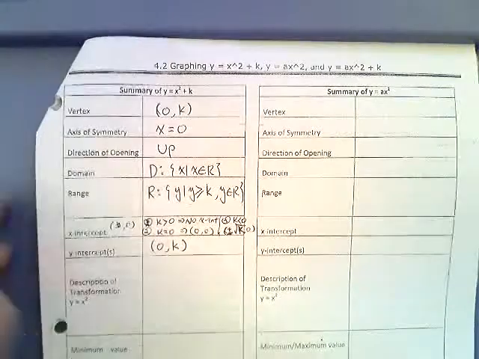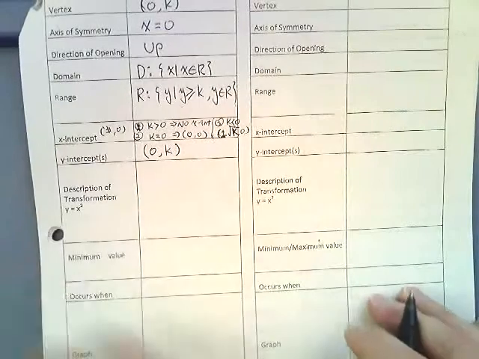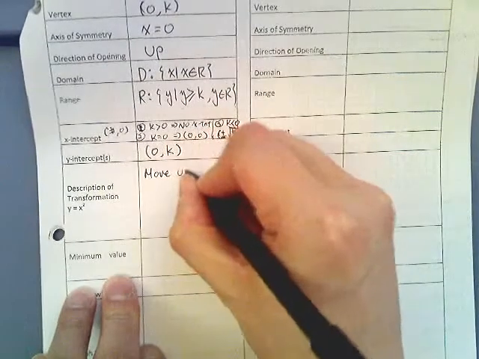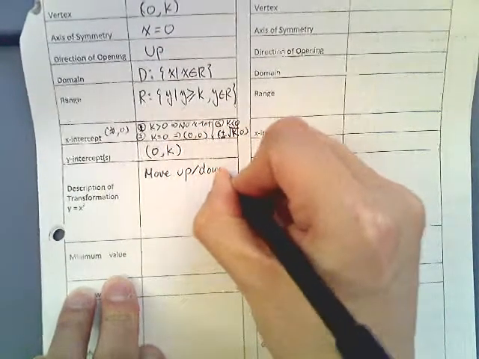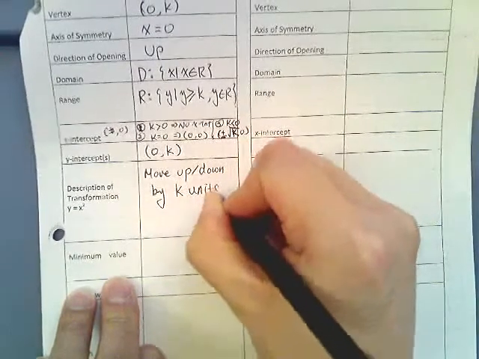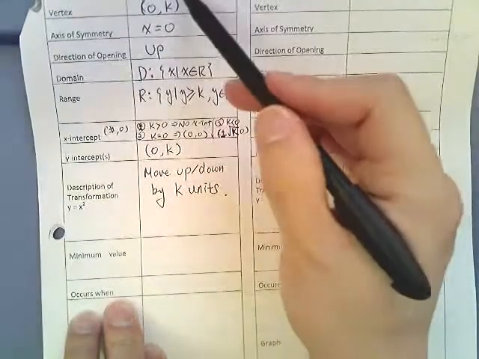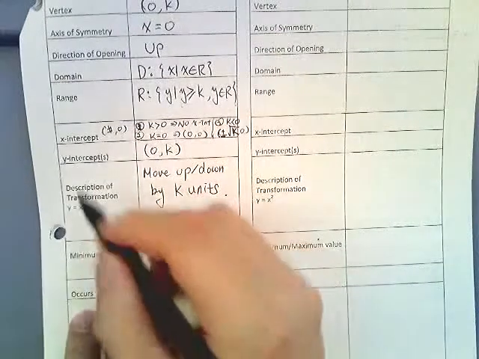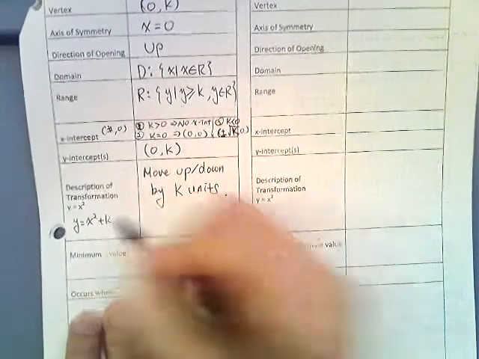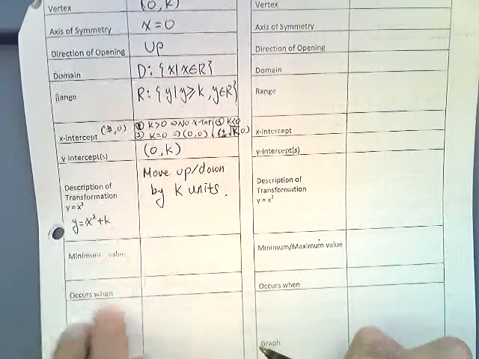Now, description of the transformation. We say it moves up or down by k units. Remember, if I have y equals x squared plus k, k always does up and down movement.